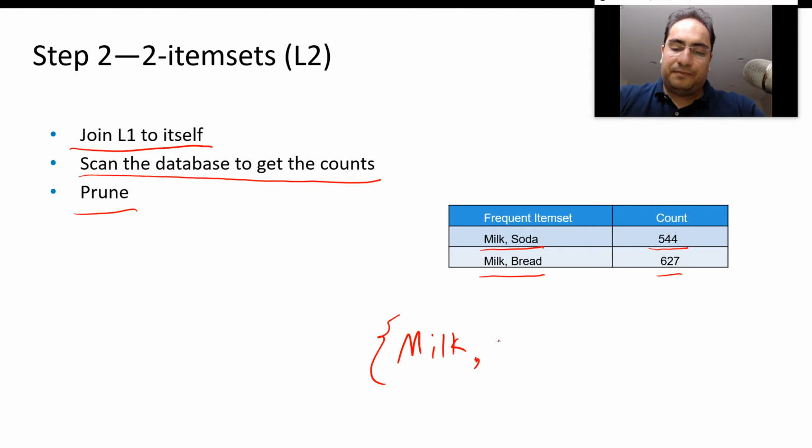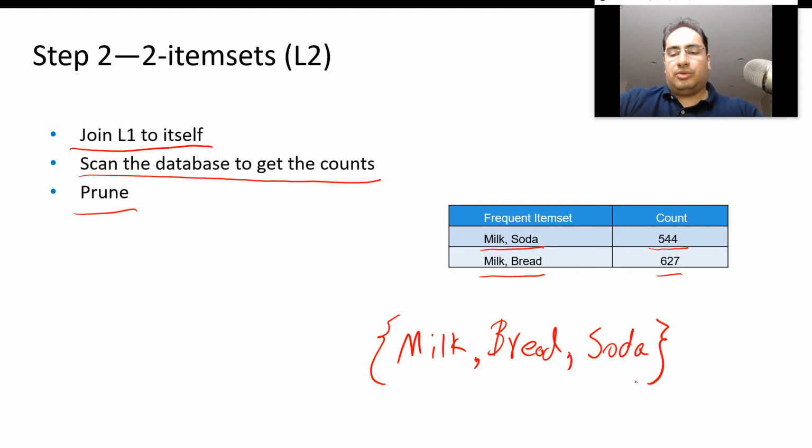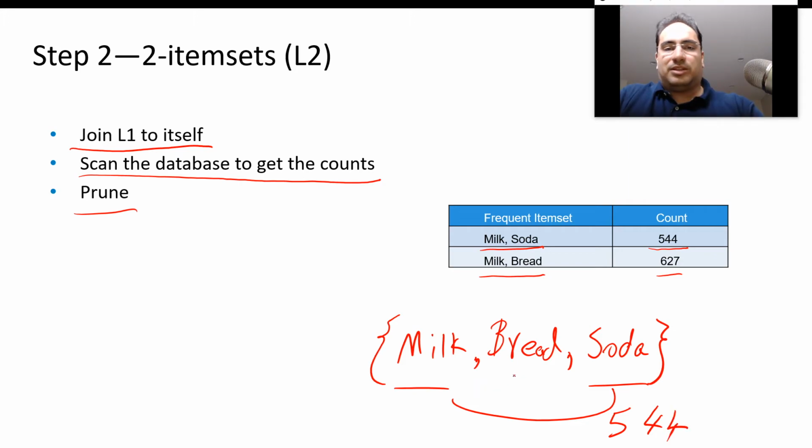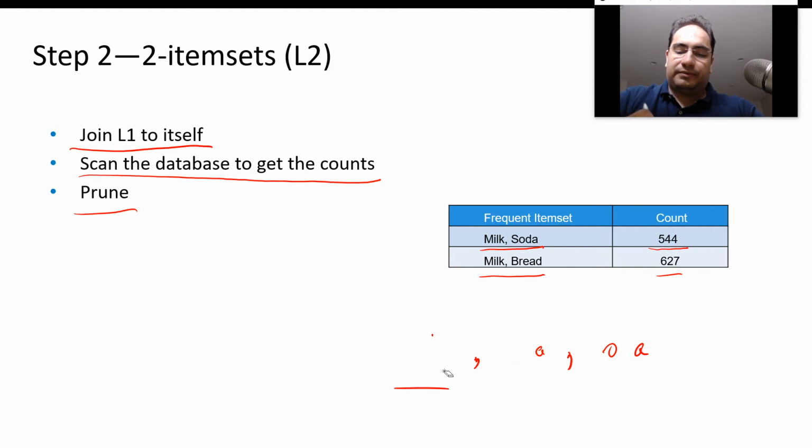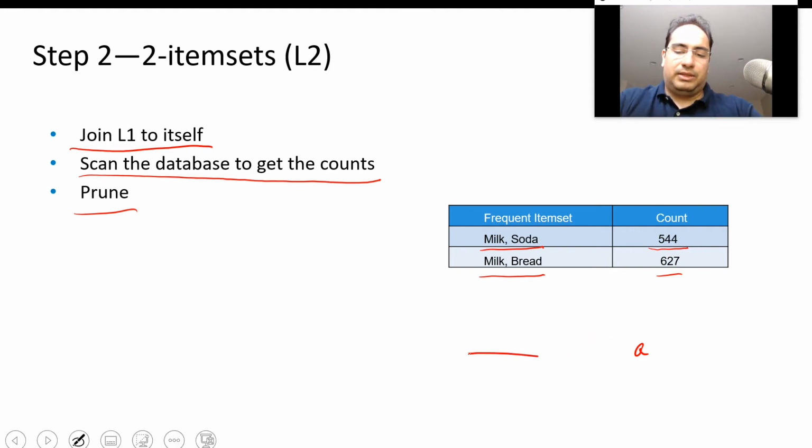What is the support of milk, bread, and soda? Because milk and soda are already like 544, probably when the 3 of them are bought together, it maybe goes under 500, becomes, I don't know, 450 or something. So it doesn't make it to the minimum support criteria and doesn't make it to the next round.